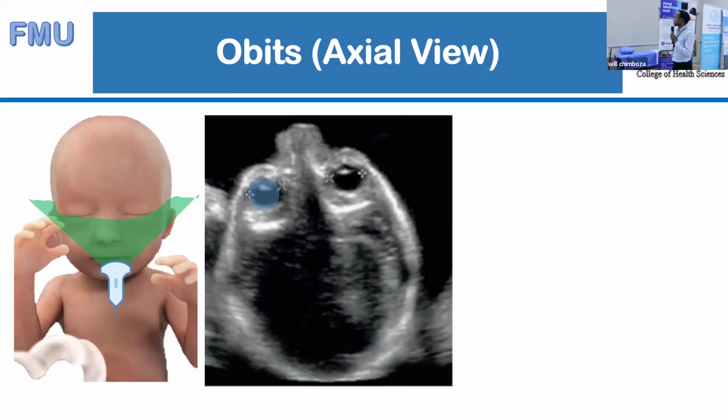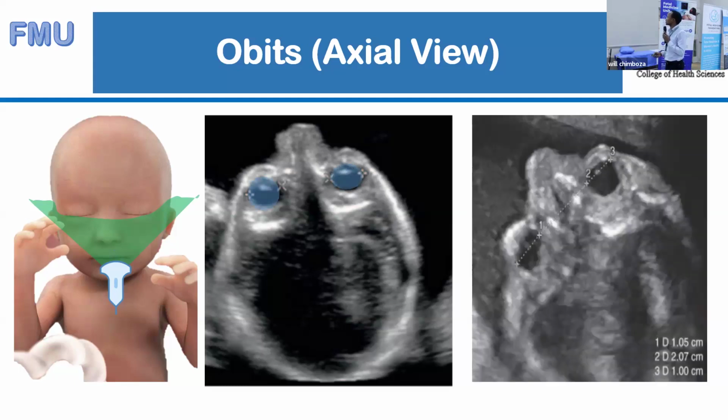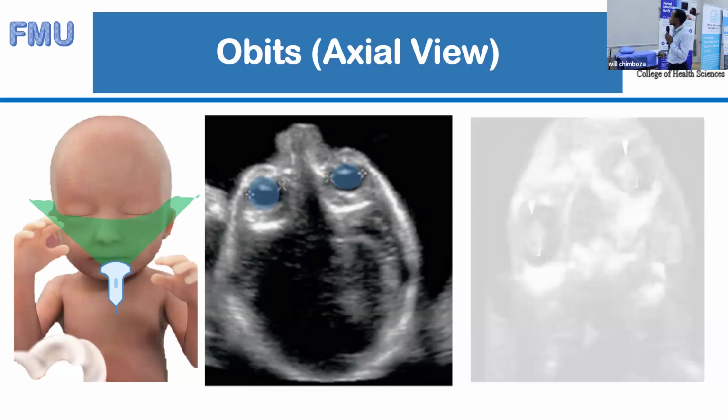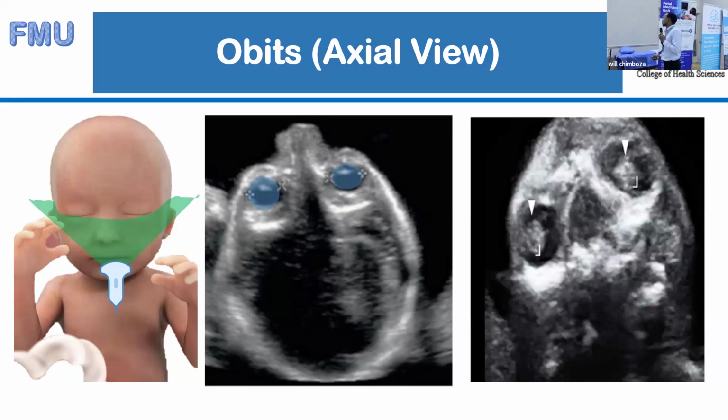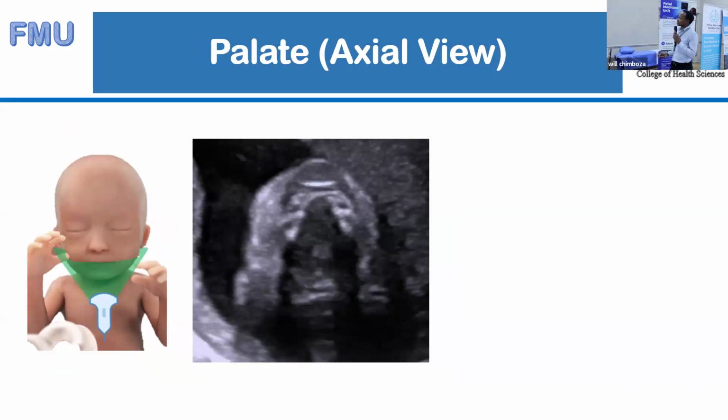So these are some of the images that you might see whereby there is reduced or increased space, and then here they are cataracts. Then from the image of the orbit, you just slide your probe distally slightly, and then you'll be able to assess the palate.